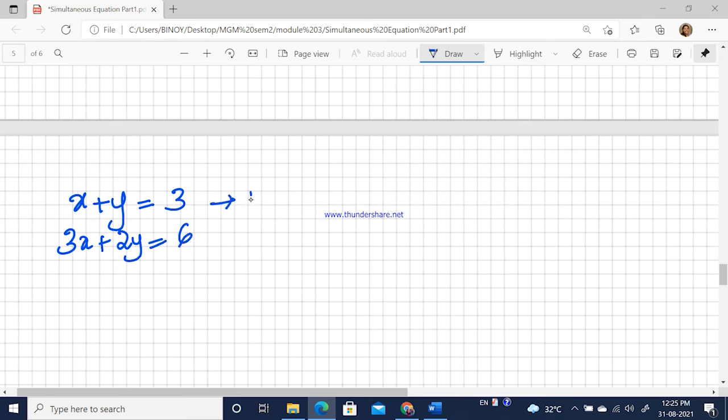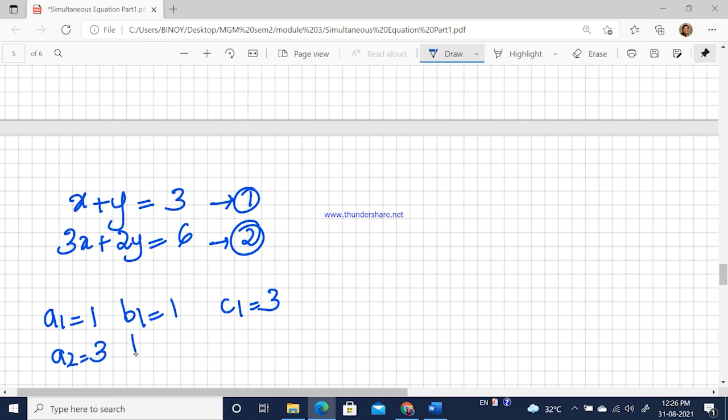These are the two equations. Now let's see what is A1. That is 1, B1 is 1 again, C1 is 3, A2 is equal to 3, B2 is equal to 2, and C2 is equal to 6.